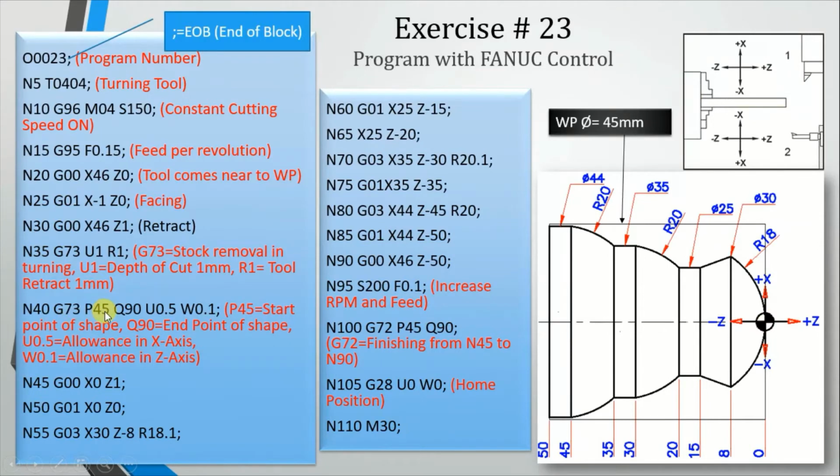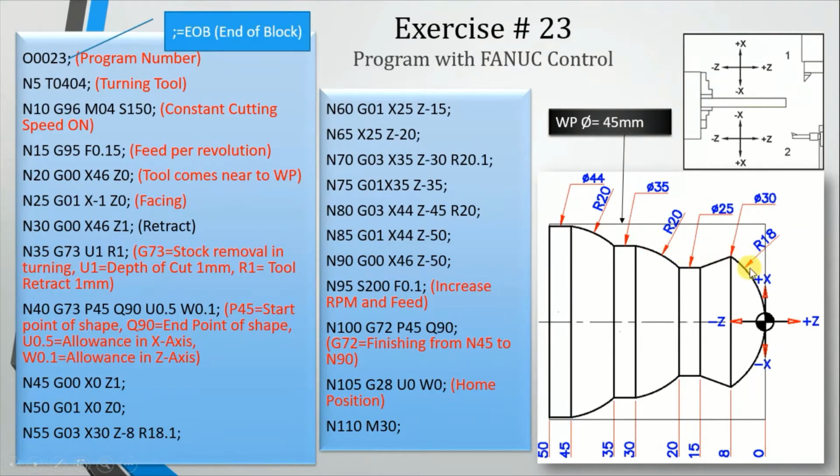So G73 P45 is the start point of the shape, Q90 is the end point of the shape, that will be somewhere here, and U0.5 is the allowance in the x-axis and W0.1 is the allowance in the z-axis. Remember that we are just removing the material.